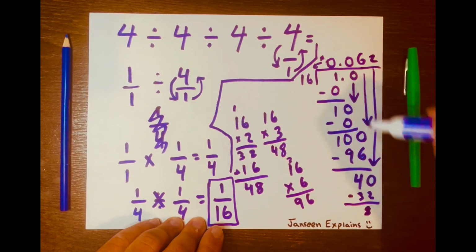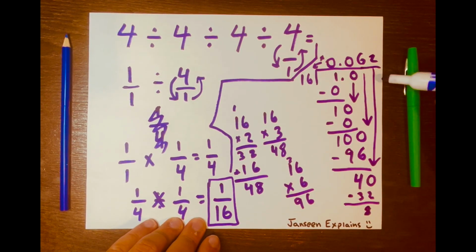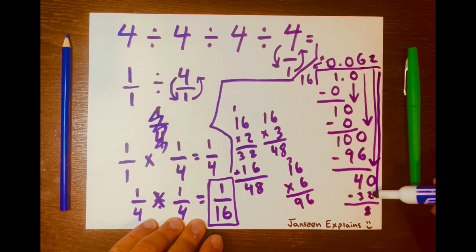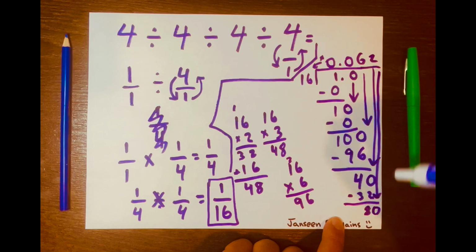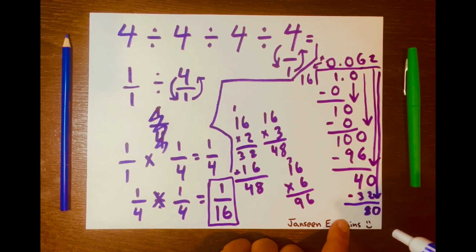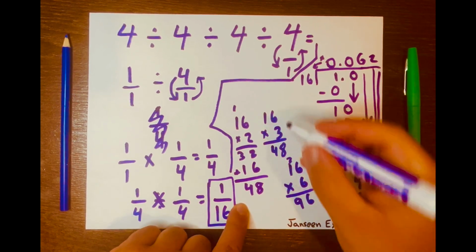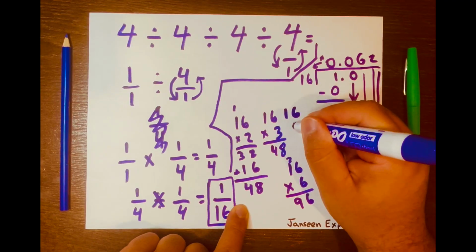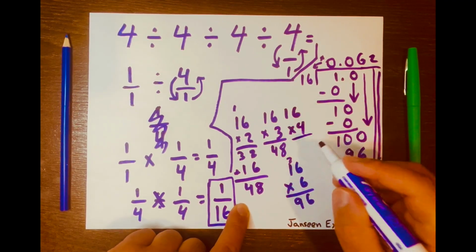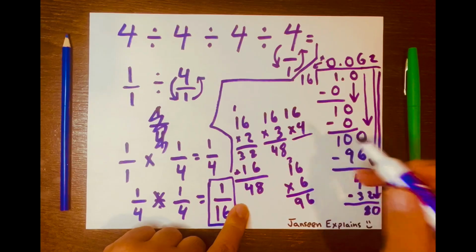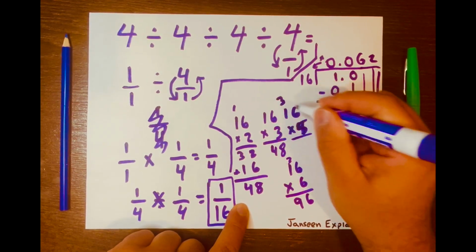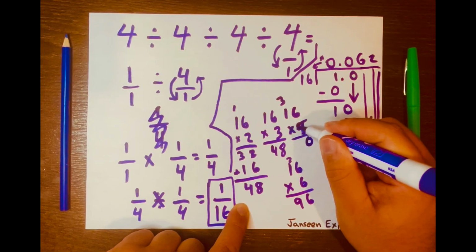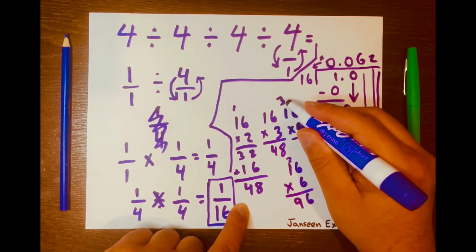Can you fit 16 into 8? You cannot, so now you have to borrow another 0, give it to the 8. We're running out of space here. So can 16 fit into 80? Of course it can. And I know we don't have 16 times 4, which is, no, 16 times 5. I know 16 times 5. 6 times 5 is 30. 5 times 1 is 5. 6, 7, 8.